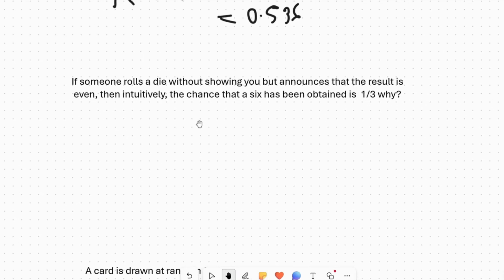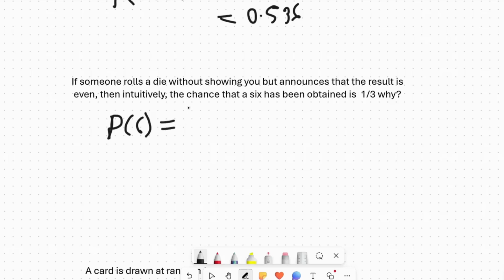If someone rolls a die without showing you but announces that the result is even, then intuitively the chance that a 6 has been obtained is 1 by 3. If we roll a die, the probability of getting 6 is 1 by 6.